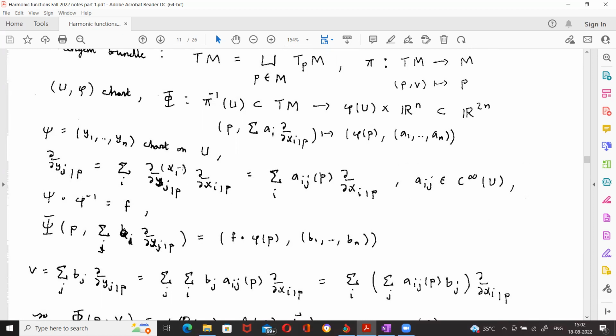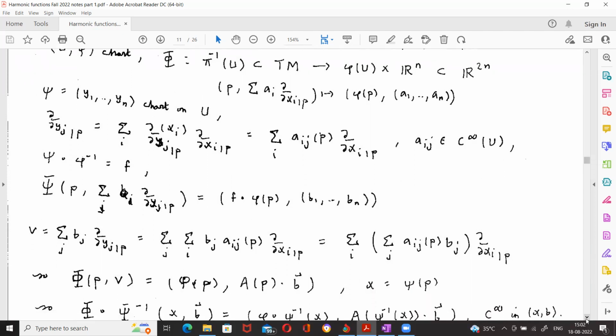The xi's are smooth functions, so del xi/del yj will be some smooth function aij of p. Therefore del/del yj is equal to the sum over i of aij del/del xi. This is a change of basis formula where the coefficients are smooth. Is this clear?